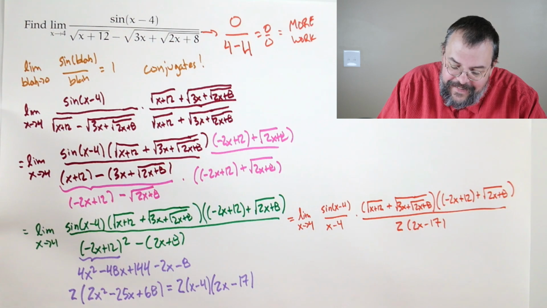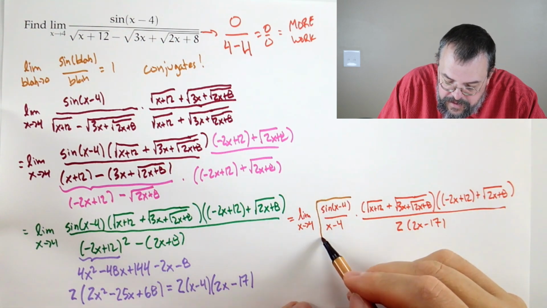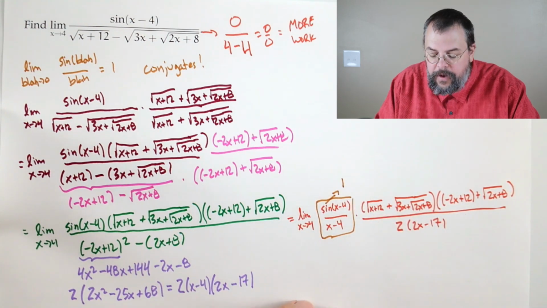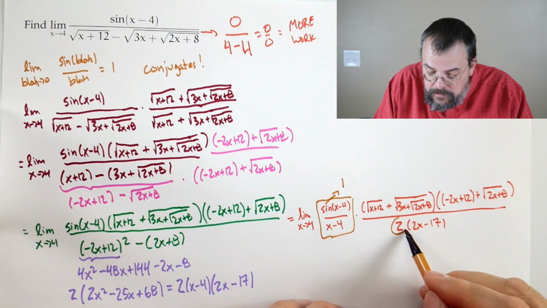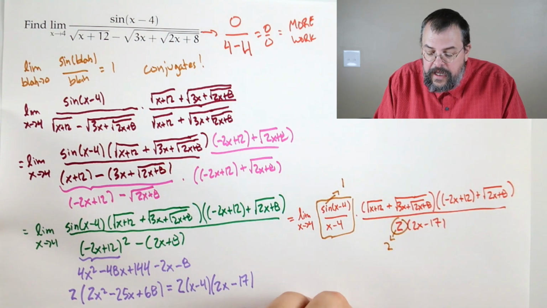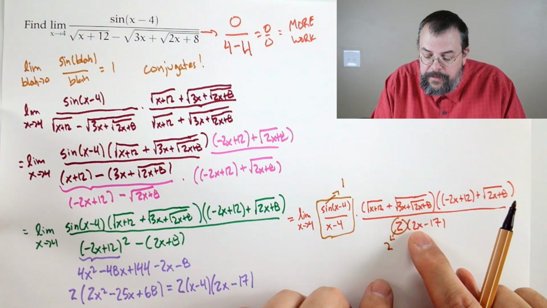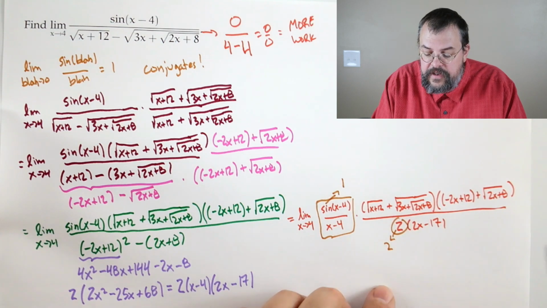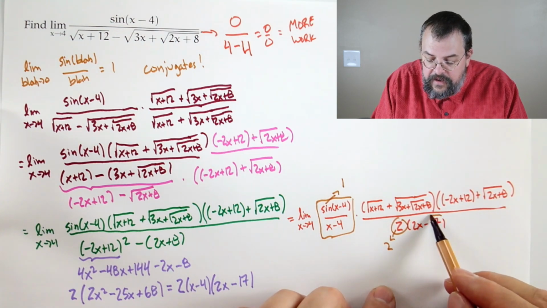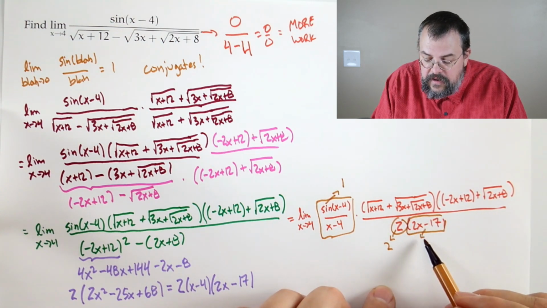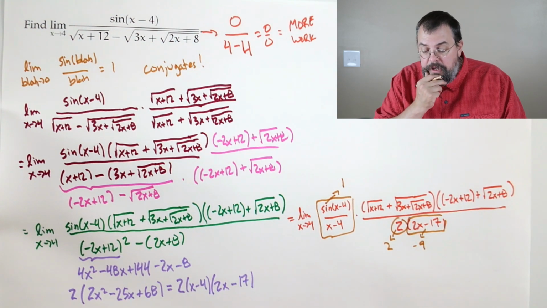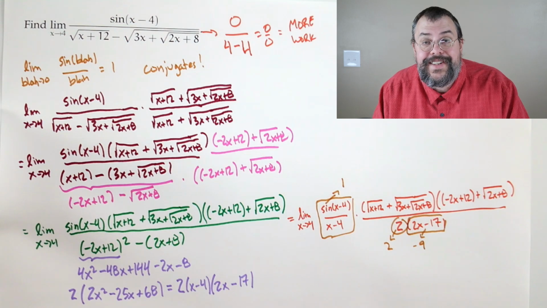So this piece is going to be nicely behaved and goes to 1. The 2 goes to 2. Now, plug in 4. 2 times 4 is 8. 8 subtract 17 is negative 9. All right, good. Making progress.